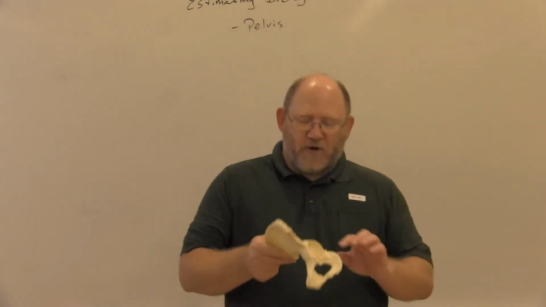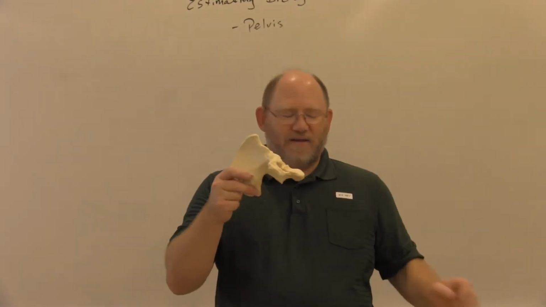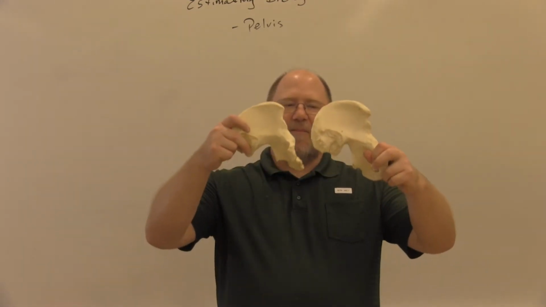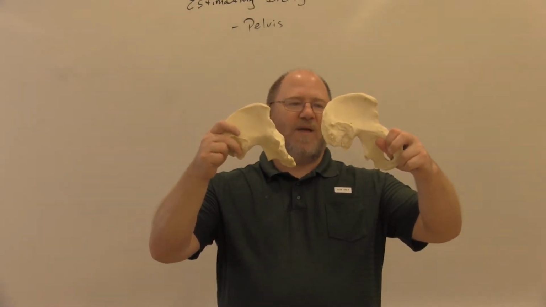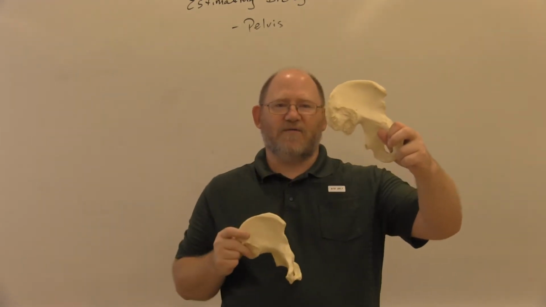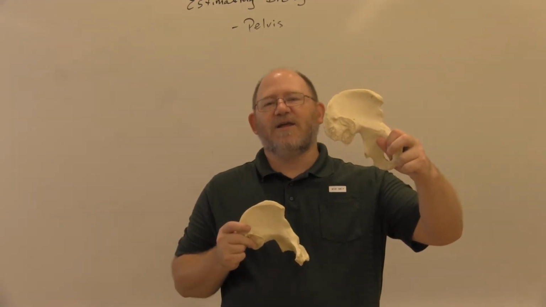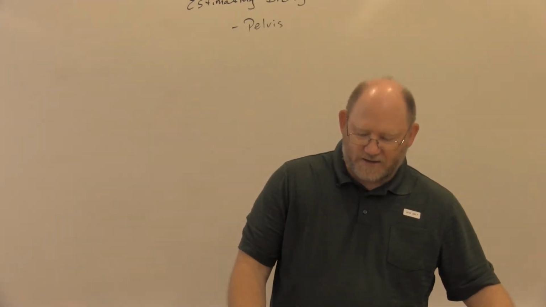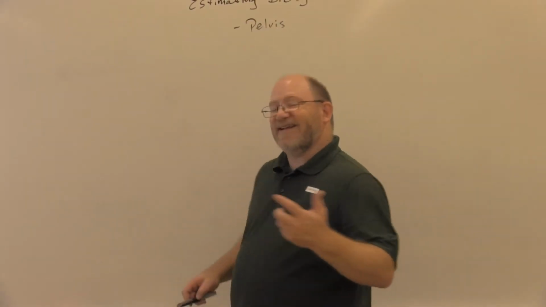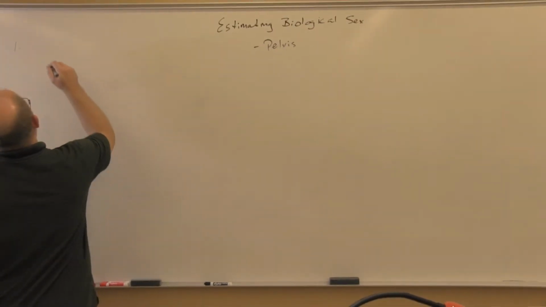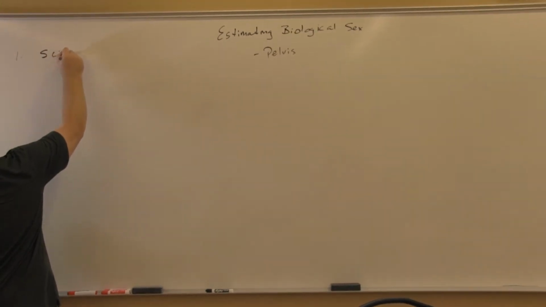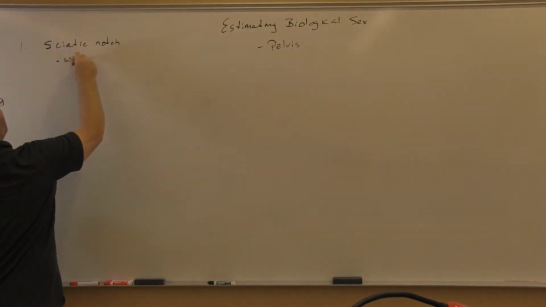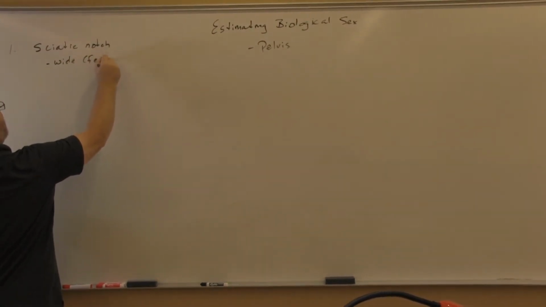And in general terms, the wider it is, the more sort of U-shaped it is, the more likely it is to be a female, and the more narrow it is, the more likely it is to be male. Again, this is an easy characteristic to see, but it's not necessarily that accurate. Sciatic notch, wide, is a female characteristic.